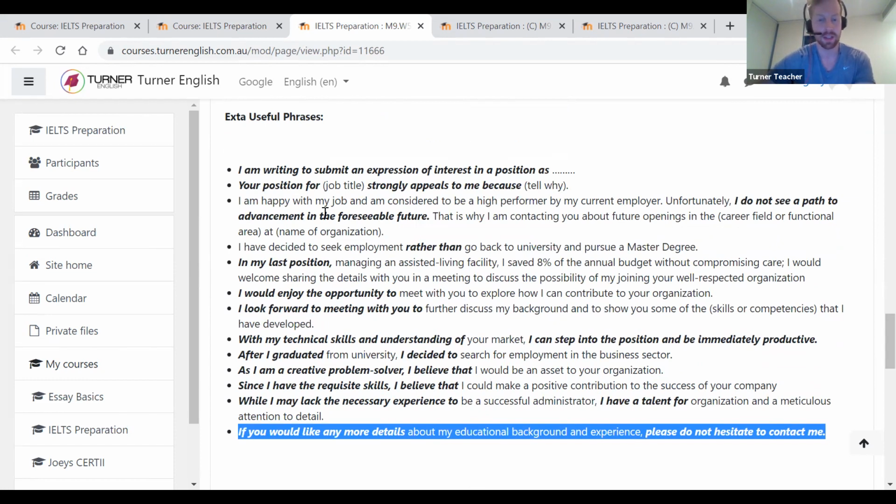That's a very good sentence because you can include that in most letters. It doesn't have to be for education. You could say, if you would like any more details about my request, please do not hesitate to contact me. If you would like any more details about my complaint, please do not hesitate to contact me.